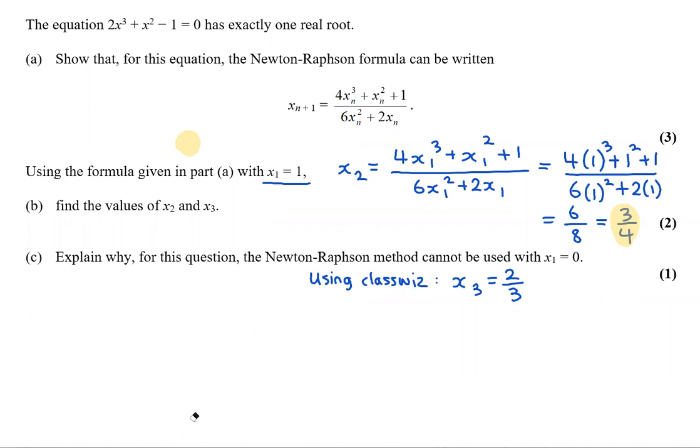Now, for a bonus mark, it says explain why for this question, the Newton-Raphson method cannot be used with x1 equals 0. Well, the main issue with the Newton-Raphson method, which again is explained in some detail, is this issue of the derivative. There are conditions on the derivative that can cause problems.